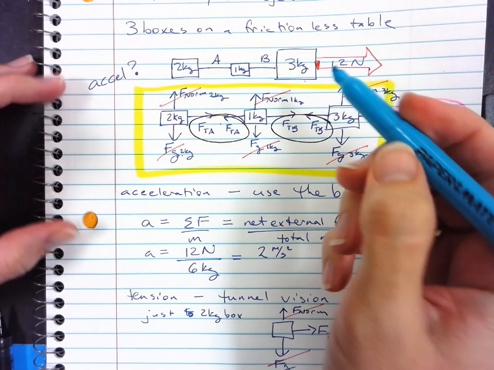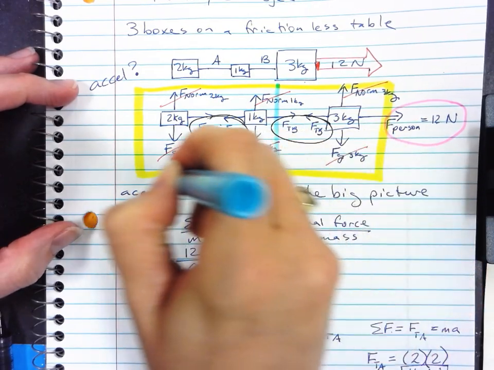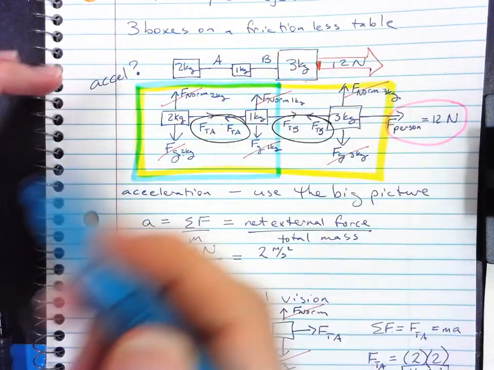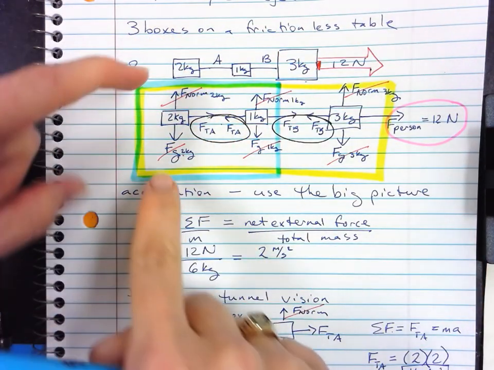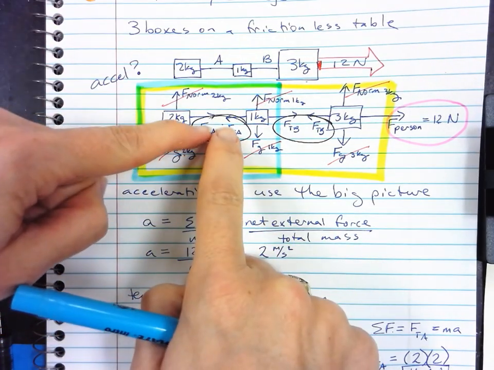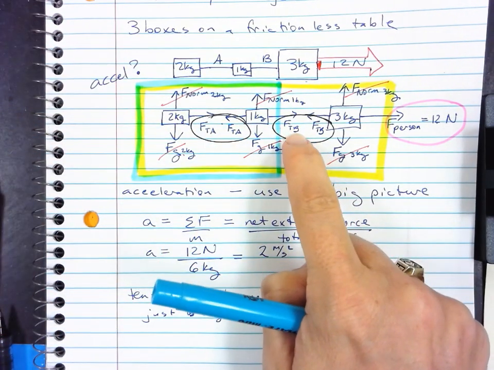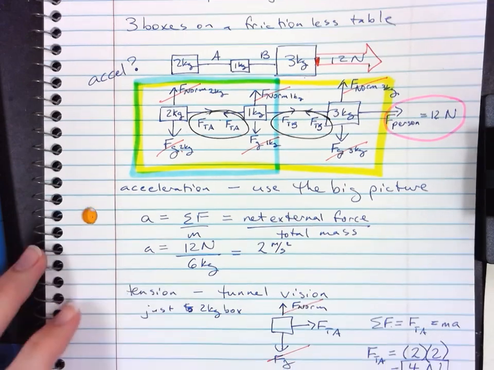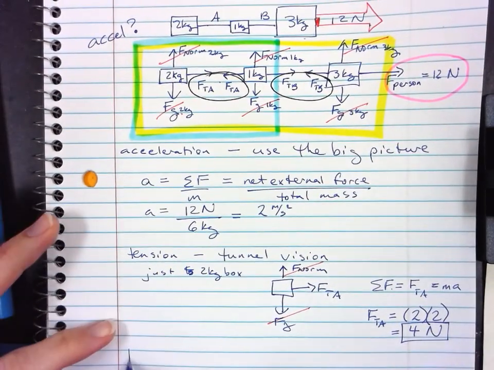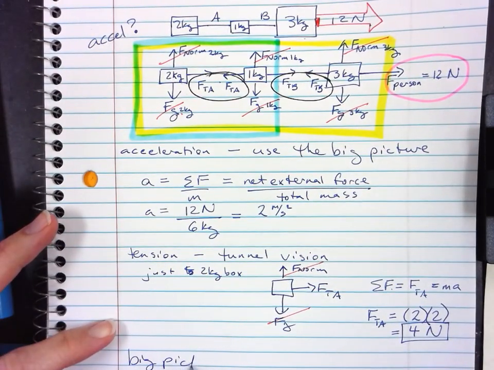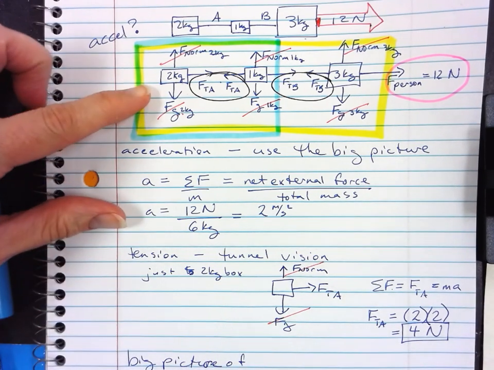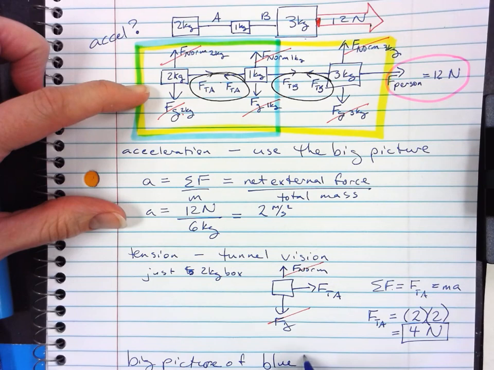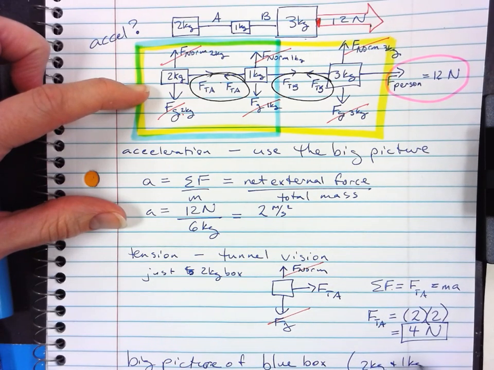So if I look at just these 2 boxes, the other force cancels out, internal, FTB is external. So big picture, the blue box, which is the 2 kg and the 1 kg objects.